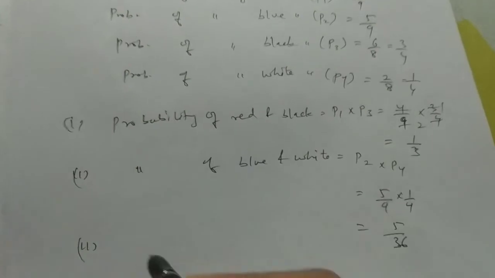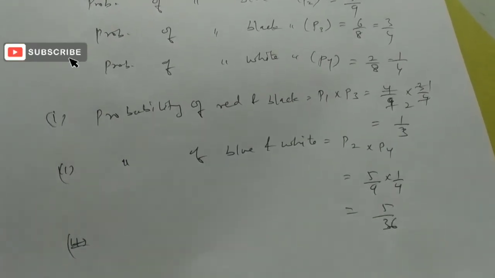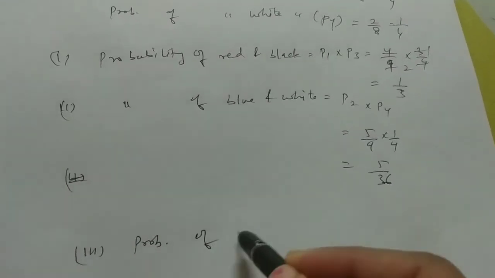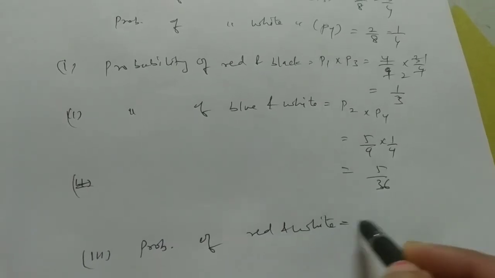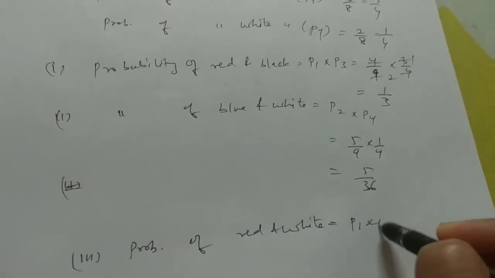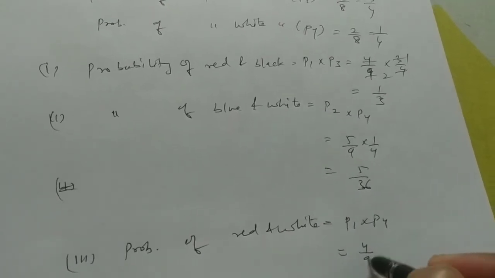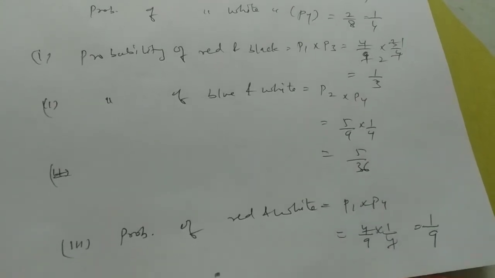Third, probability of red and white means P1 into P4, that is 4 by 9 into 1 by 4, 1 by 9.